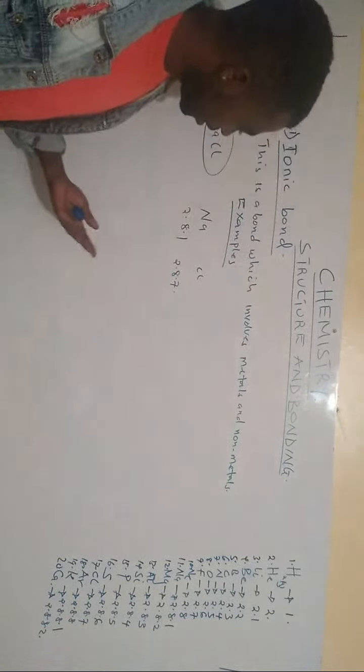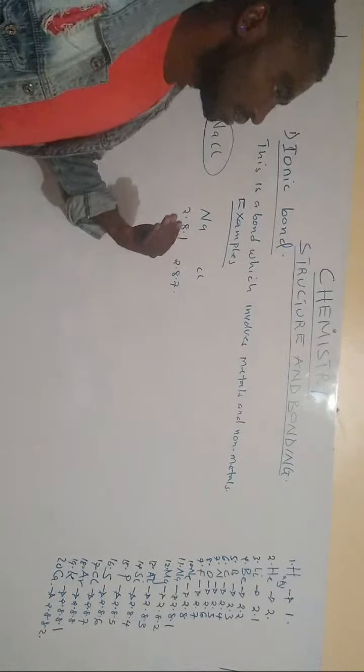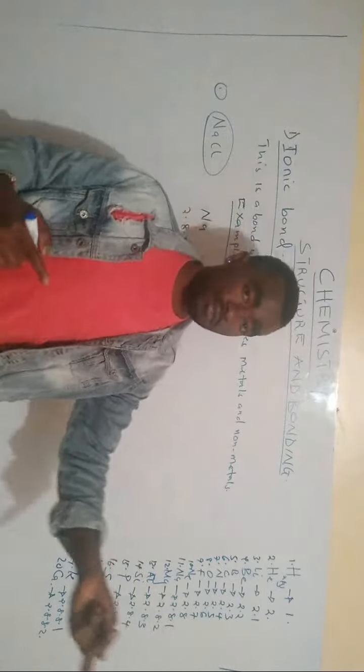What the one needs is what the other atom is losing. So what is lost here is what will be gained here. This needs to lose one, this needs to gain one.